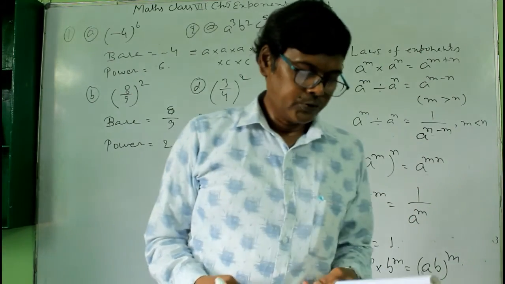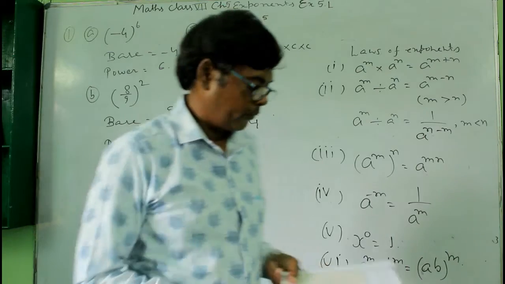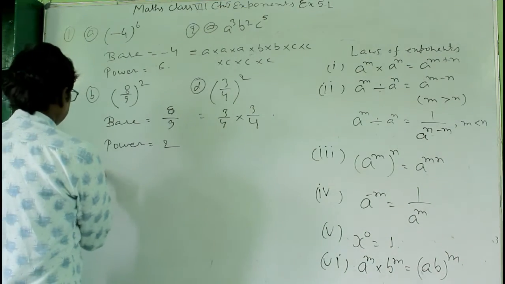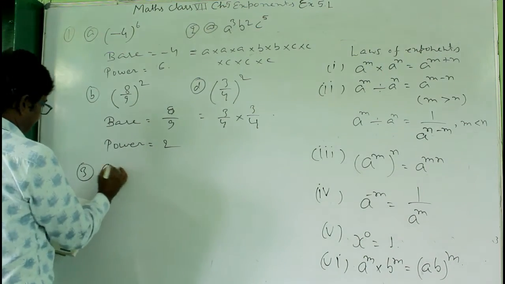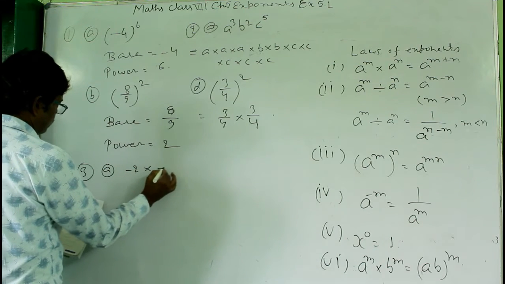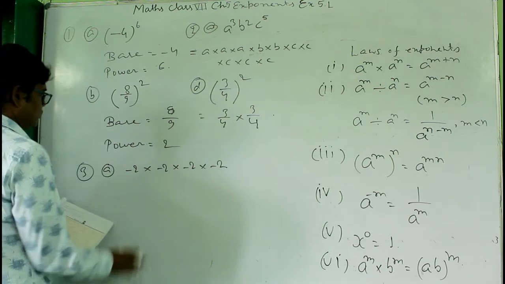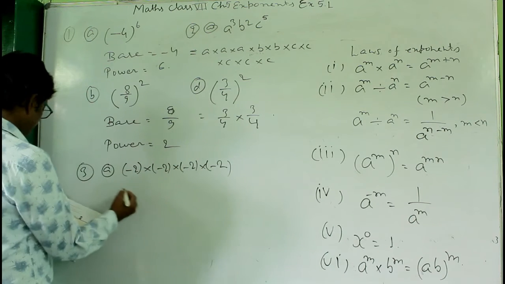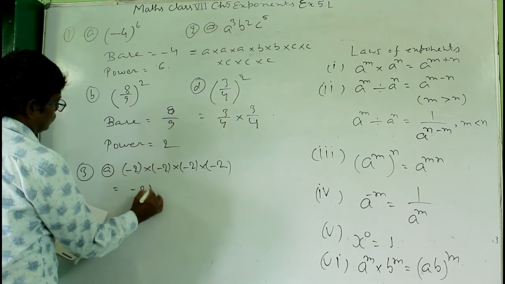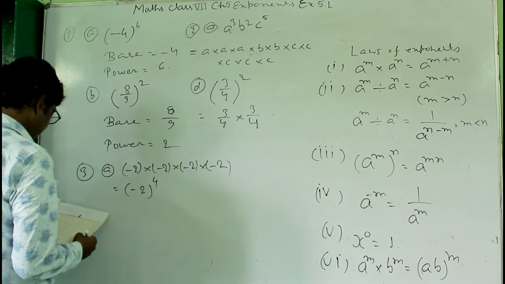Now the question number 3. Here you have to express that into the exponential form. Question number A: minus 2 into minus 2 into minus 2 into minus 2, 4 times. Okay, you can put the bracket. So it will be written as minus 2 to the power 4. Okay, this is the exponential form.